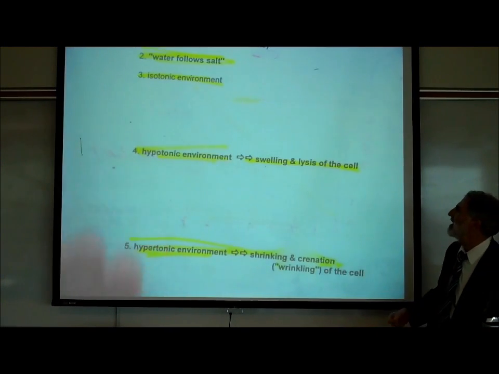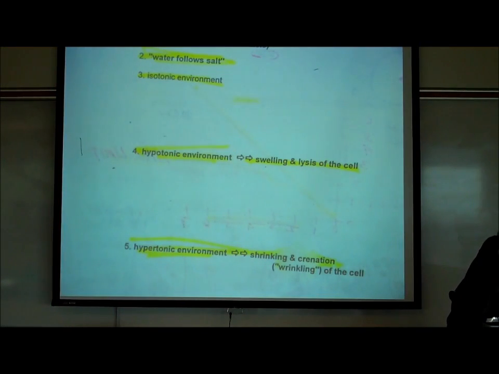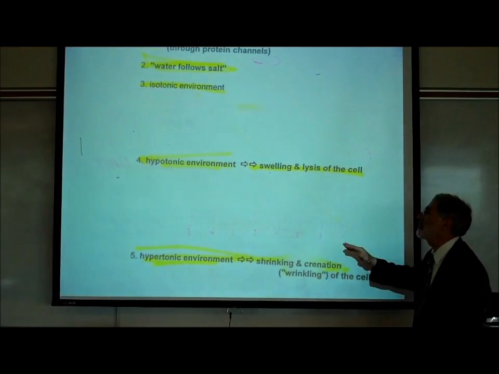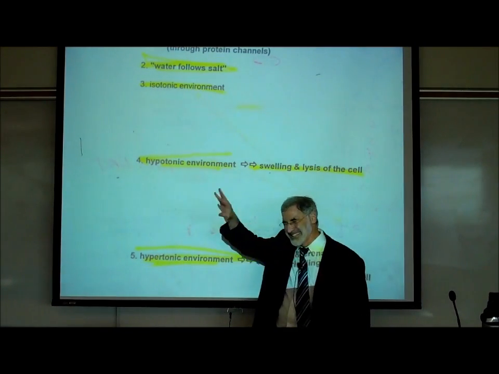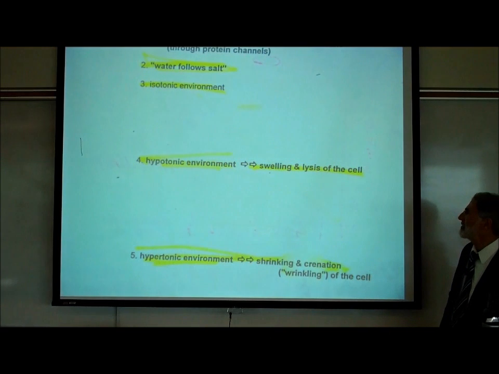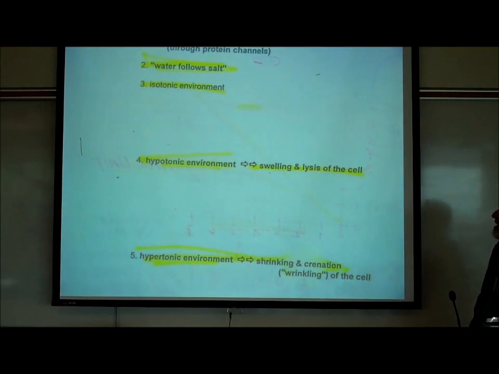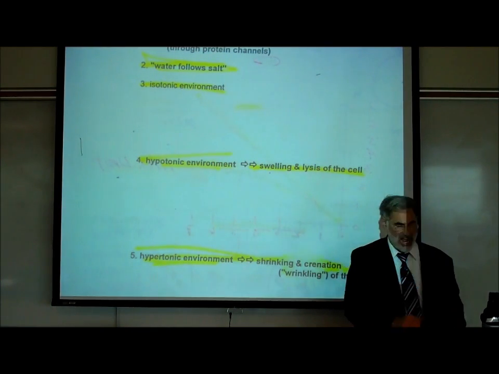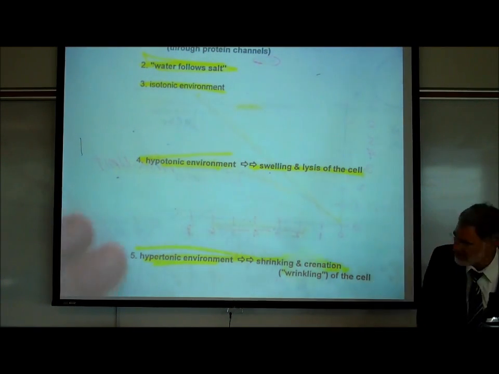Hypotonic means that the concentration of water is higher and the concentration of solutes is lower than is found inside the cell. So water flows into the cell from the hypotonic fluid, high in water, low in solute, causing swelling and rupturing, lysis of the cell.